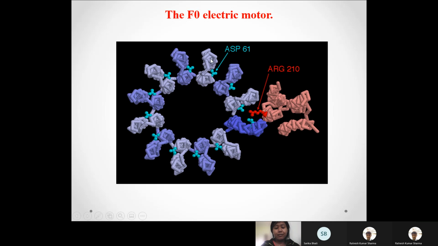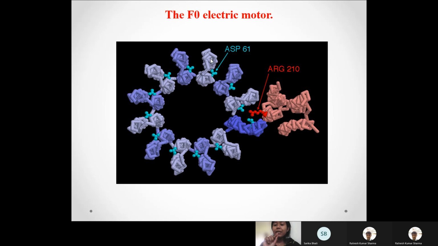So aspartic acid. And flagella में भी एक aspartate residue है, which is important. If you mutate that aspartate residue, then you would see that the proton transport is I've forgotten, it's either blocked or maybe partially blocked. So वहां पे भी एक aspartate residue था.